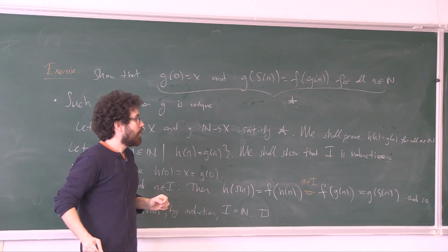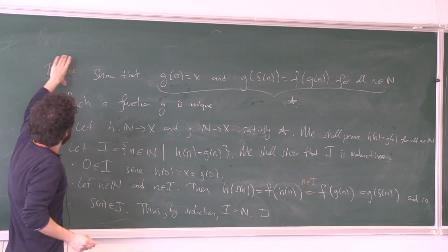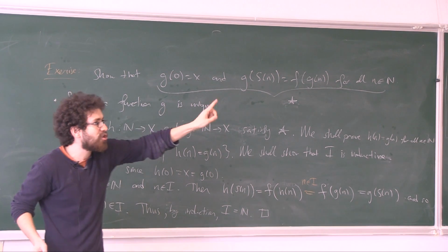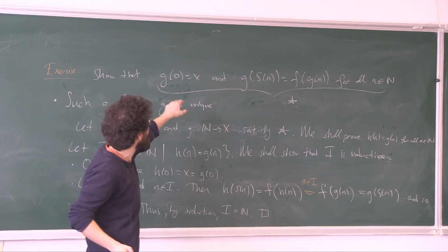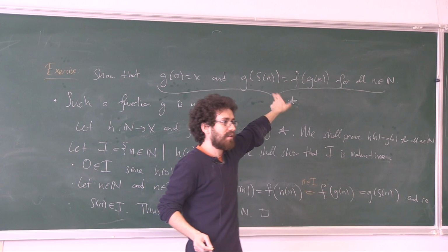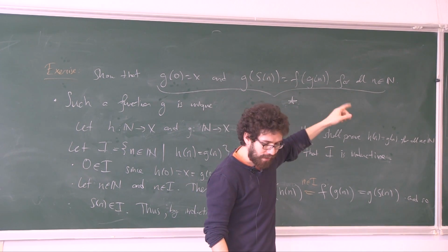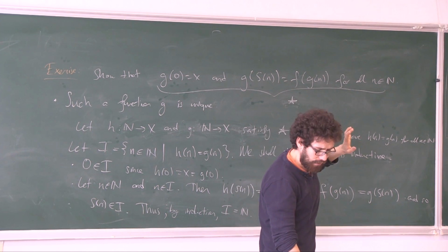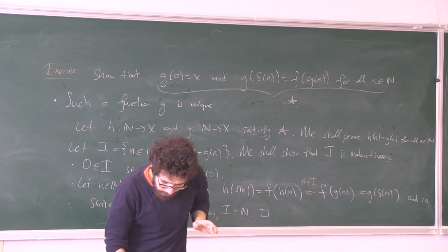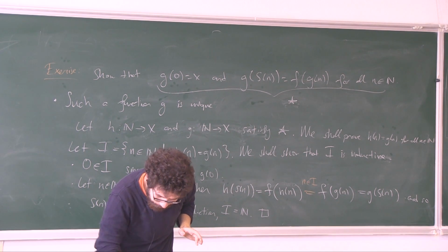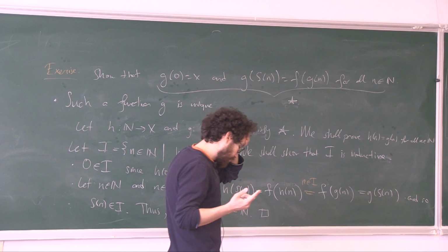Okay? Now the only missing part is the exercise part, showing that the function g we constructed actually satisfies these properties. So do that at home. You can do that easily. It's not difficult. What we have done is, let's go over.